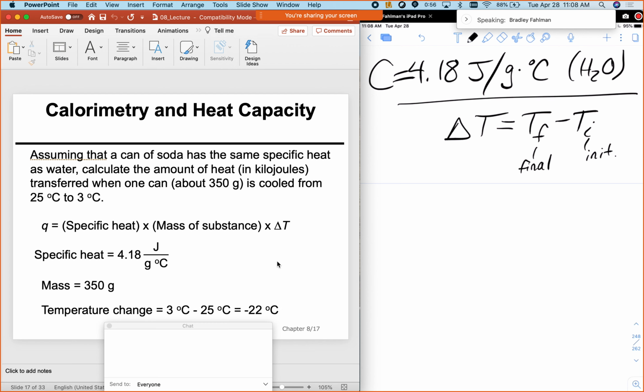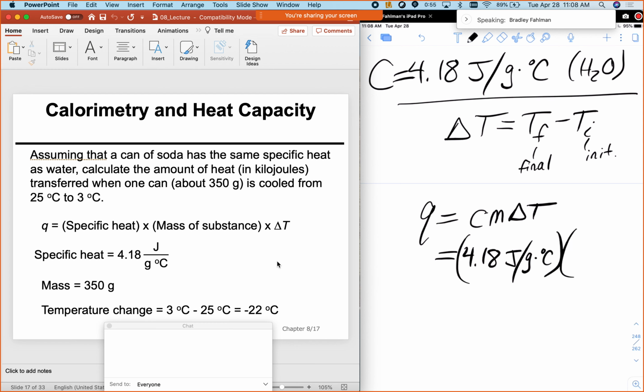And so the equation is just C m delta T. For C, you just plug in 4.18 joules per gram degree C. The mass is 350, and then you have minus 22 degrees Celsius. Then you confirm that all the units cancel, and you should end up with so many joules.